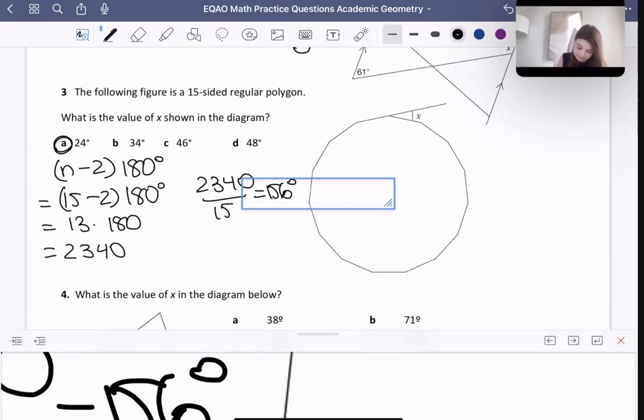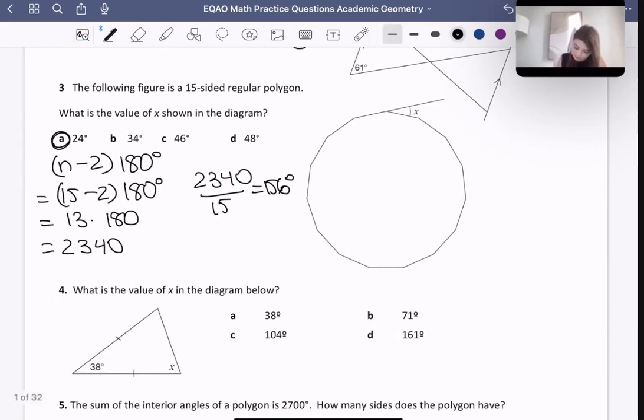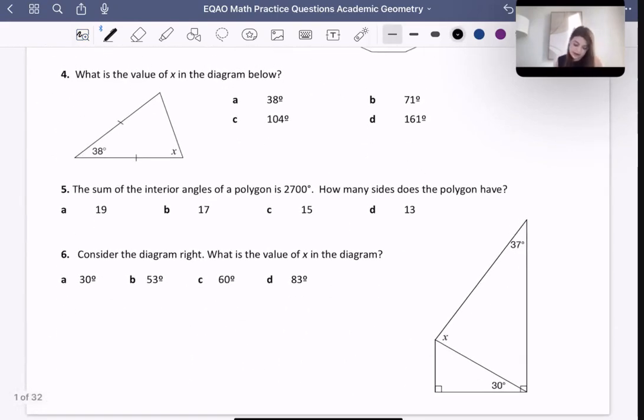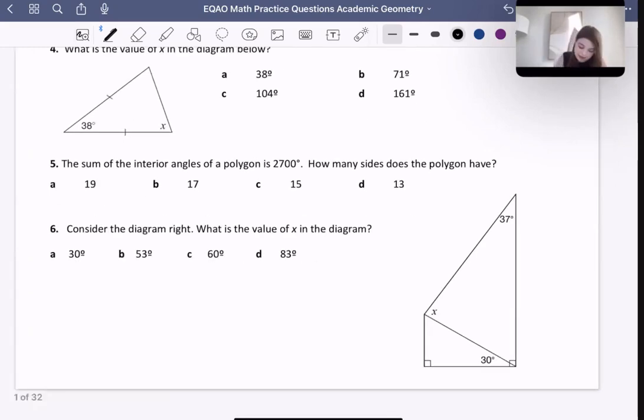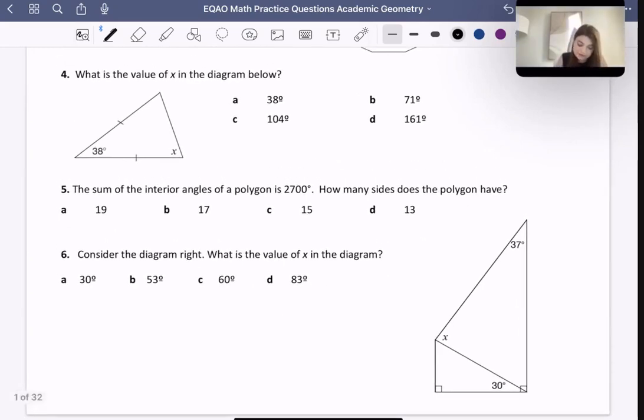All right, let's move on. What is the value of x in the diagram? Well, what do we know about the diagram? We know that since we have an isosceles triangle, both of these angles here must be the same because the two sides adjacent are the same, right?